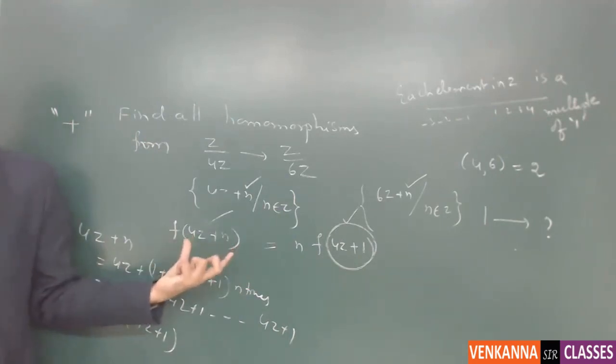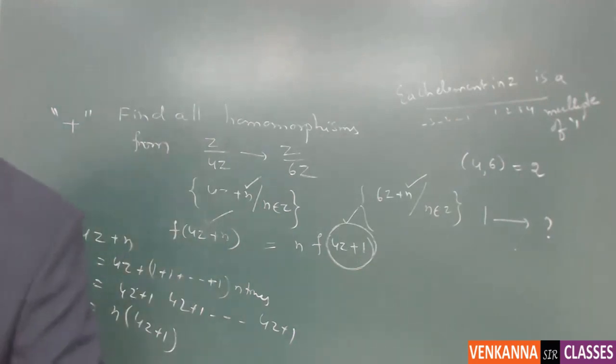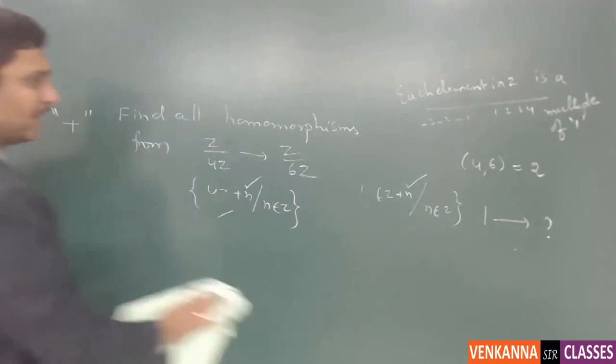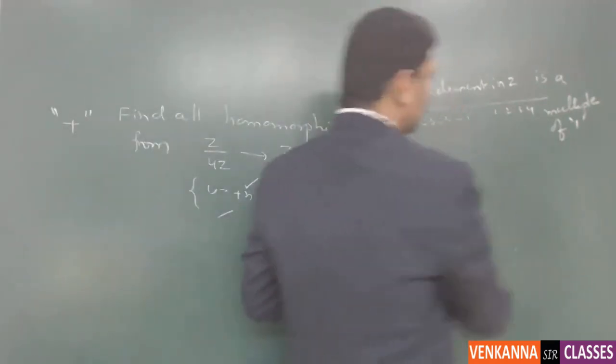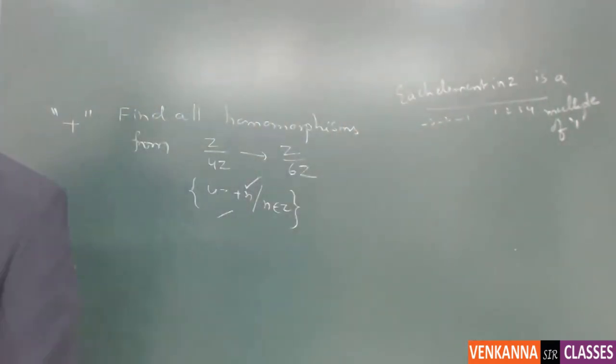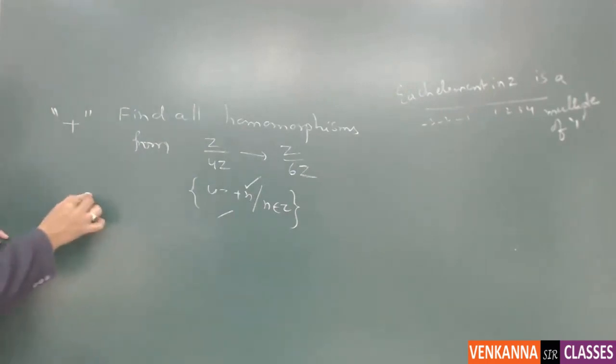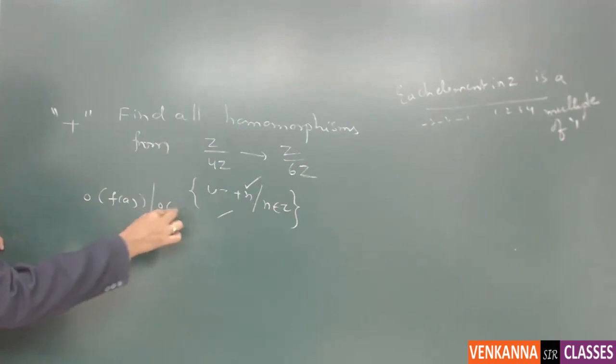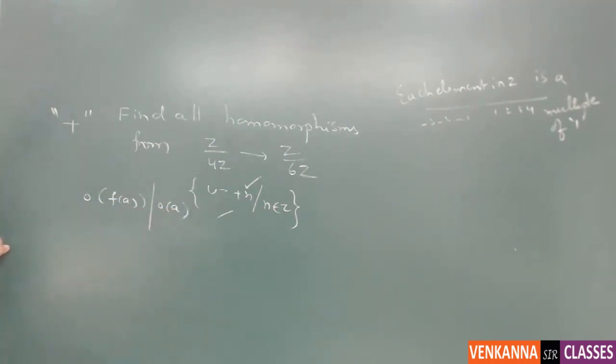All of you. Right. Then at this point, we need to recollect one property, that the order of f of a divides the order of a. We have mentioned this as a small result earlier.